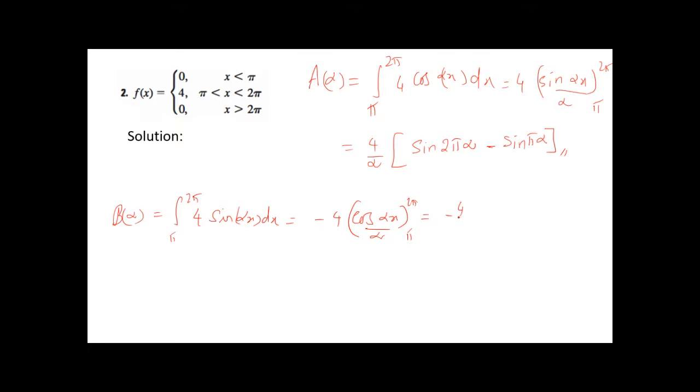So negative 4 over alpha. When you substitute x as 2 pi, you will get cosine 2 pi alpha minus cosine pi alpha. If you don't want this negative outside, bring the negative inside and switch these terms. That is B of alpha, then the function f of x.